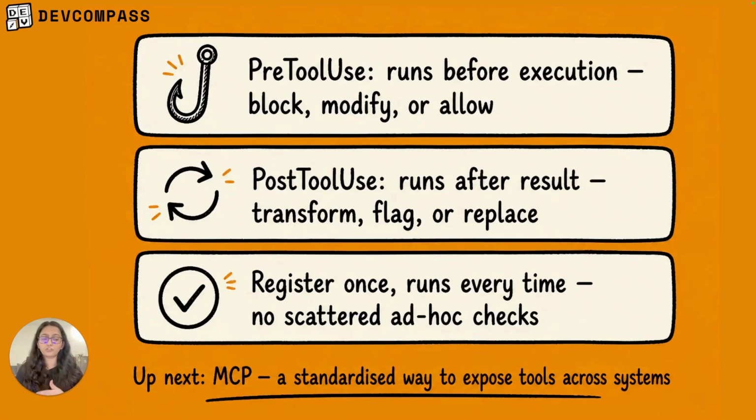So the walkthrough in the course after this video gives you 2 hooks to implement. First, a PostToolUse normalization hook that standardizes date formats from inconsistent database results. Second, a PostToolUse escalation intercept that replaces refund results above $500 with an escalation instruction. And you have to build both.